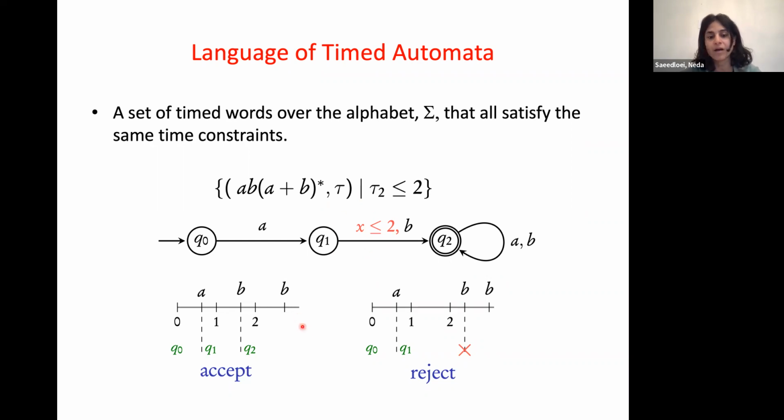Observe that on the left-hand side, I have A appearing at some time between 0 and 1, and the first B appearing at some time between 1 and 2. And after that, I have another B. So the language is A, B, B.